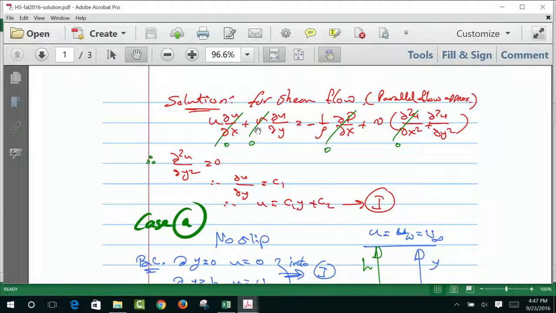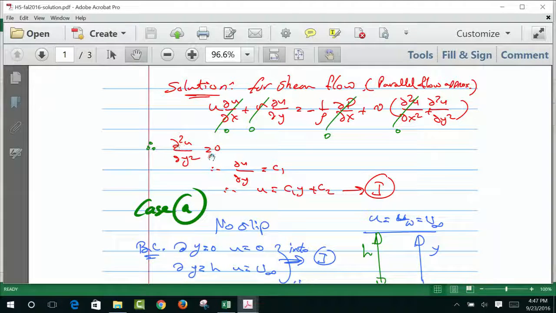So after he canceled this, and the body force was canceled, and the unsteady term was canceled, who survived? This guy. Partial squared u, partial y squared, and you could even write it d squared u by dy squared, because y is the only variable now. And it's equal to 0. From this point on, we just integrate, apply the boundary condition, get the velocity, differentiate, get the gradient, and then get the shear stress.